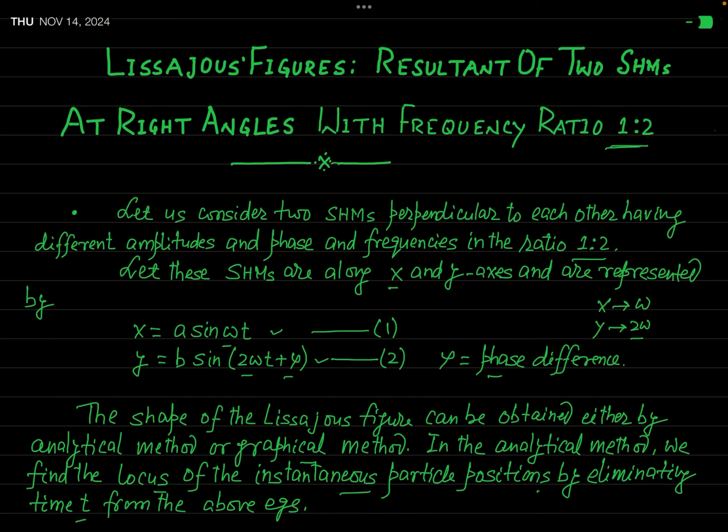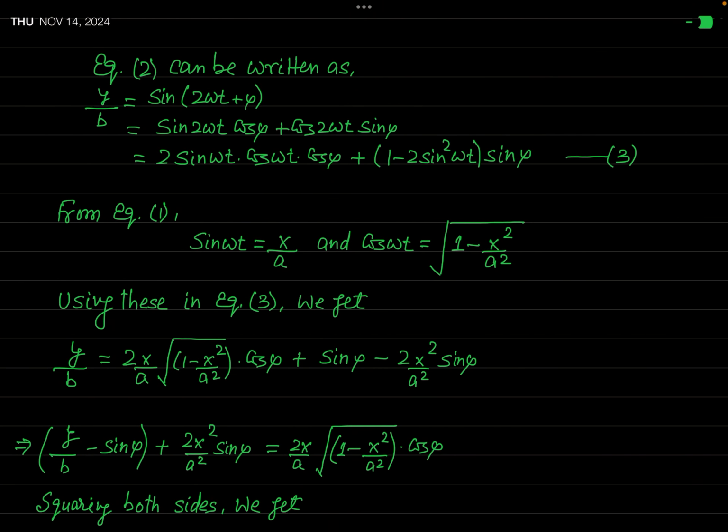This is actually very simple, as we have seen in my previous video. For this, let us expand the RHS, the sine function, of equation 2. You can see equation 2 is y/b = sin(2 omega t + phi).